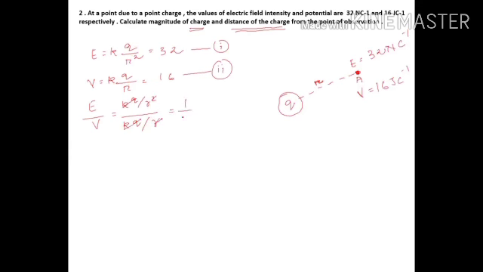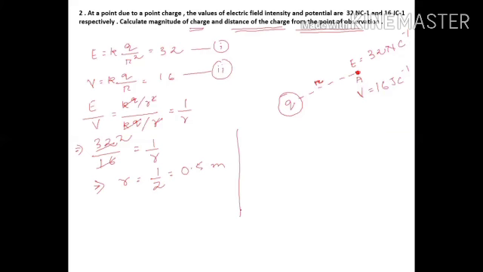So you have 1 by R. And you replace E and V value. E is 32 and V is 16. We do the cancellation. You get R as 1 by 2 or 0.5 meter. So this is the value of R. That means the distance of the charge from the point of observation, which is A. This is my point of observation.